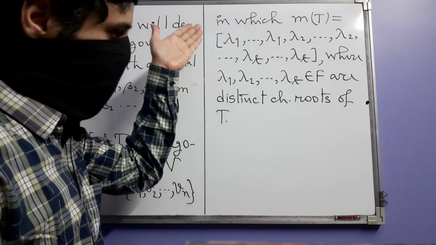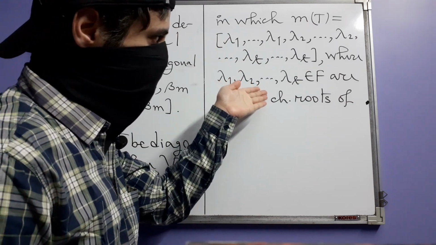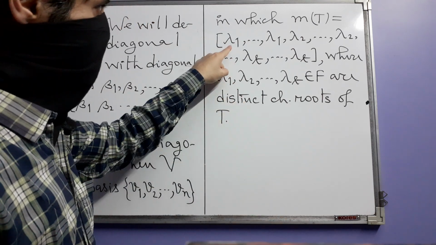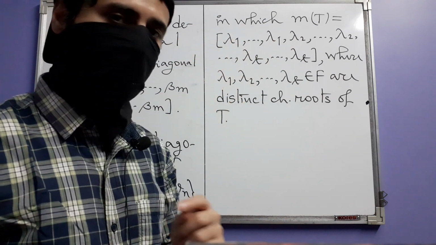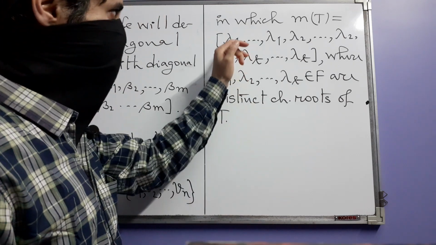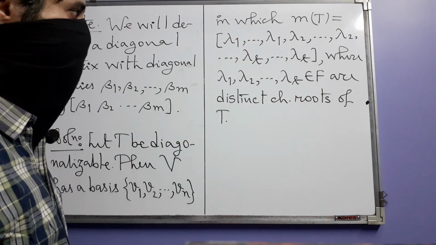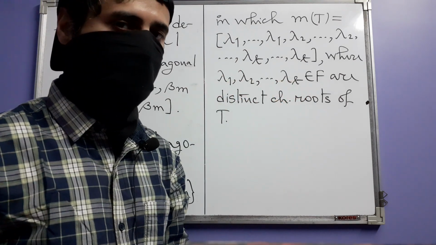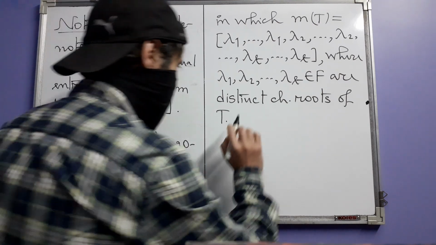So you first have only lambda 1s along the diagonal, and then followed by the copies of lambda 2. You see, in general we write like this. Actually there may be only one lambda 1. That possibility is also there, or there may be really many lambda 1s. All the possibilities are there. And these lambda i's individually are distinct characteristic roots of T.